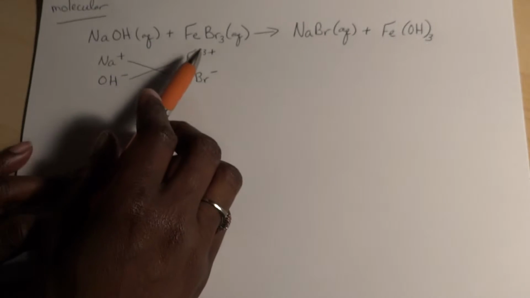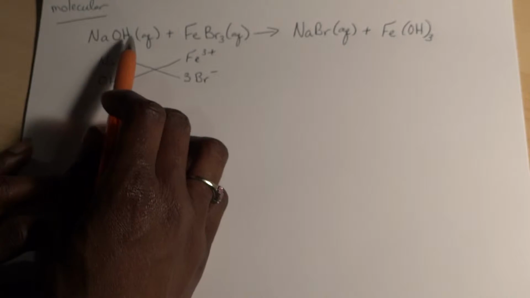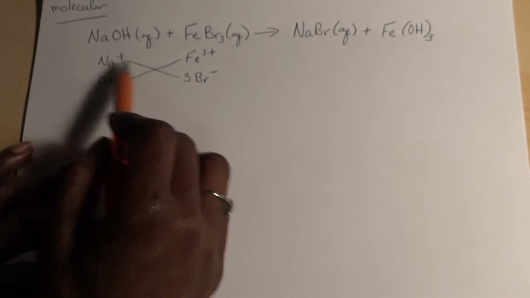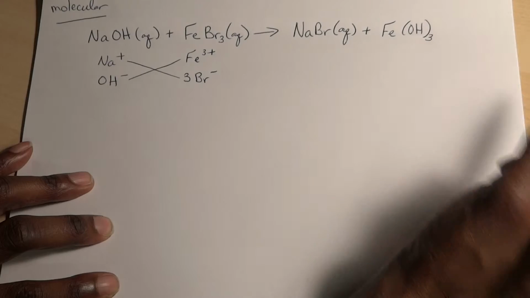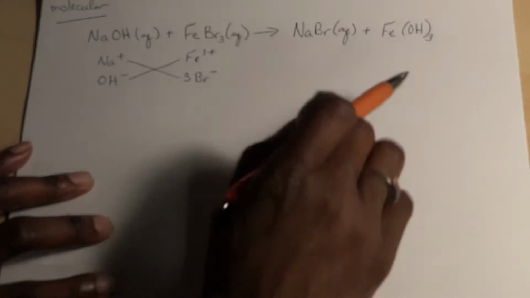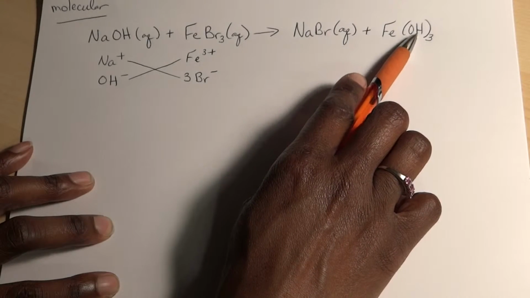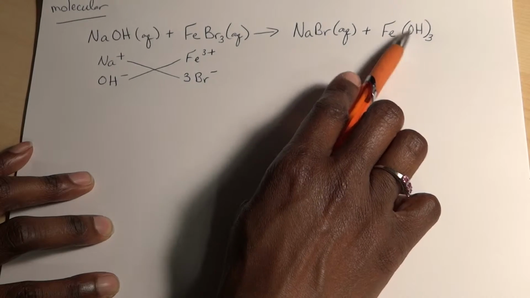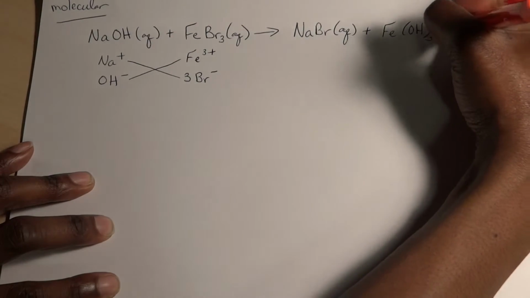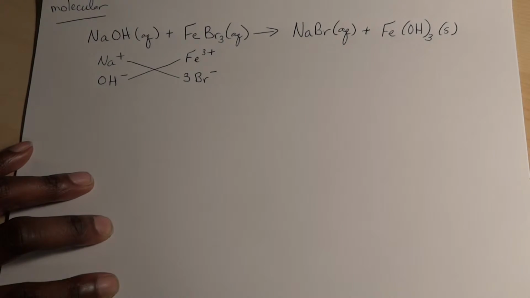You crisscross your charges, so remember, you want to keep an eye on the charges. Check the solubility rules for iron 3 hydroxide. Rule number 3 says if it's a hydroxide, it's solid, and iron is not an exception. So it's solid.